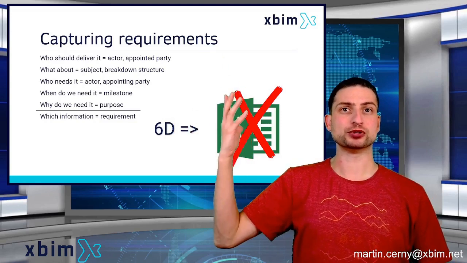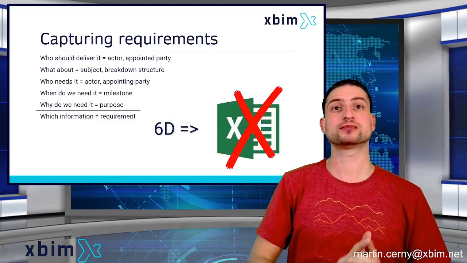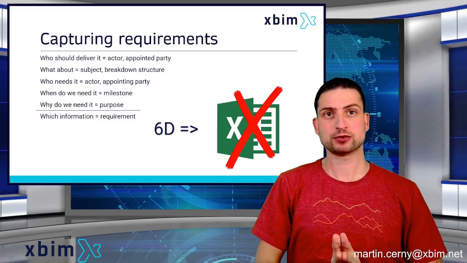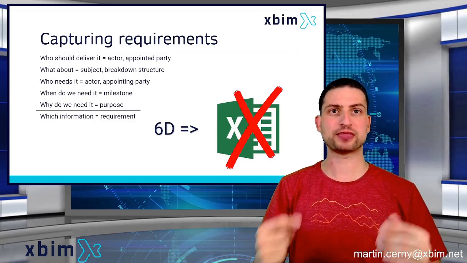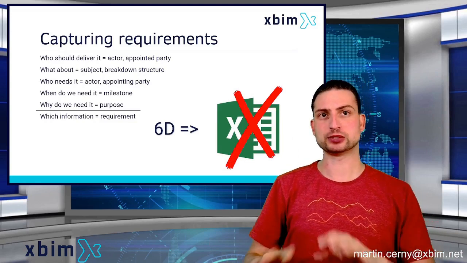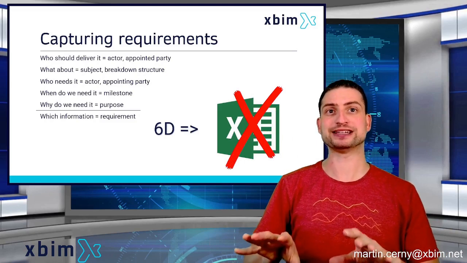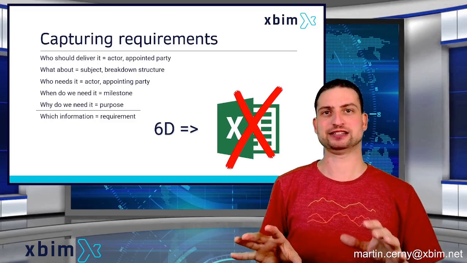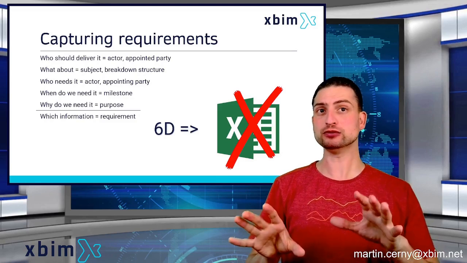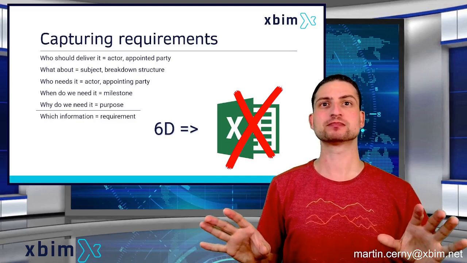That's why I put a big red cross over the Excel icon, because most people will grab their Excel and they will start writing requirements in there. But that is not a great idea, because Excel is a great tool for many things, no doubt.